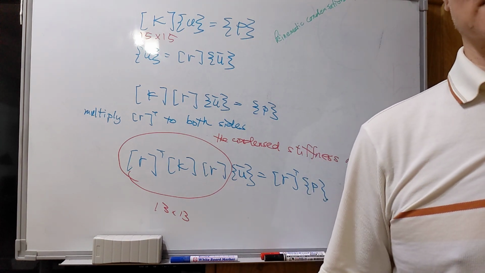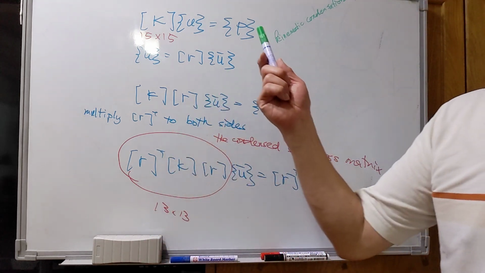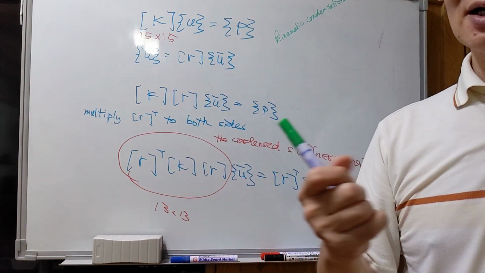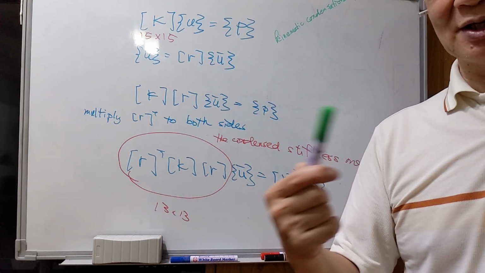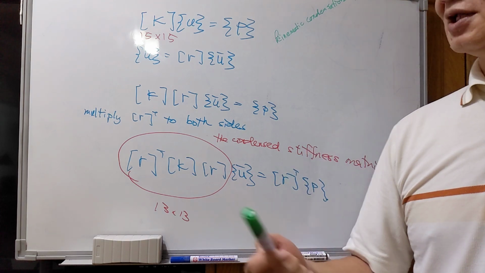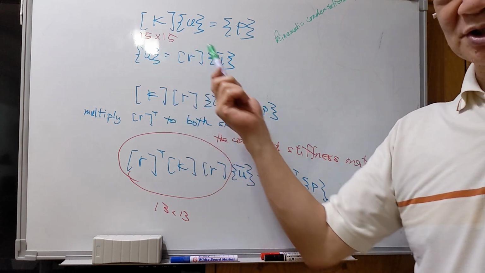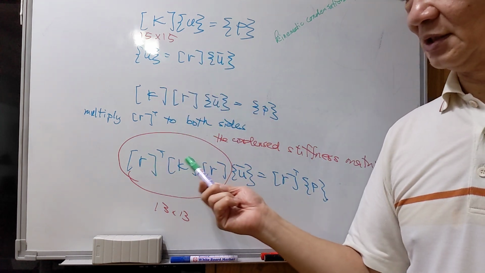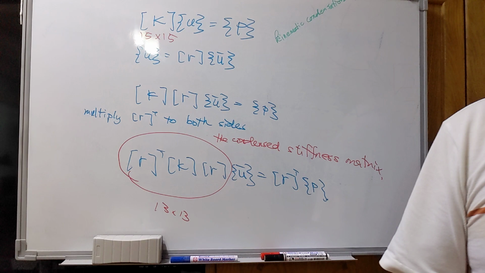Then we can get the condensed matrix. However, if we got inclined elements, and we also need to neglect the axial deformations, then you need to go through all these procedures to get the condensed matrix.